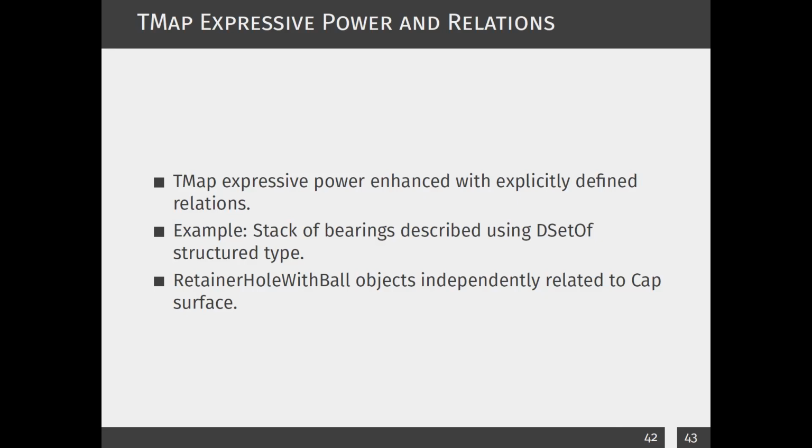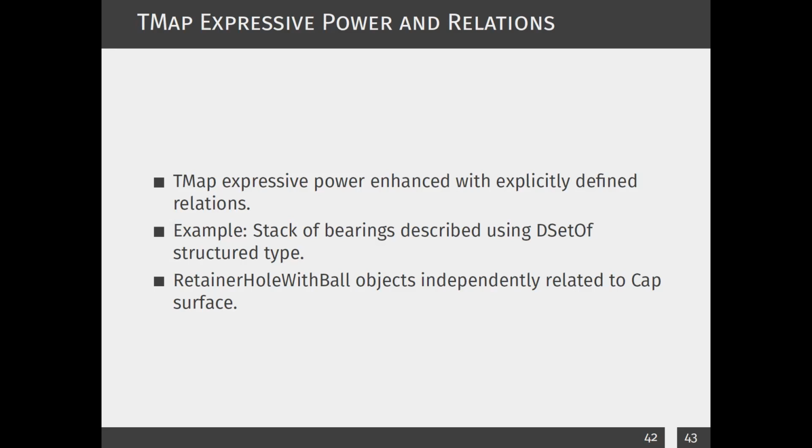Right. To discuss the last two slides of today's session: TMAP expressive power and relations. When you use type maps, we have seen that we have a clear hierarchy for the types, and at the leaves you have primitive types.